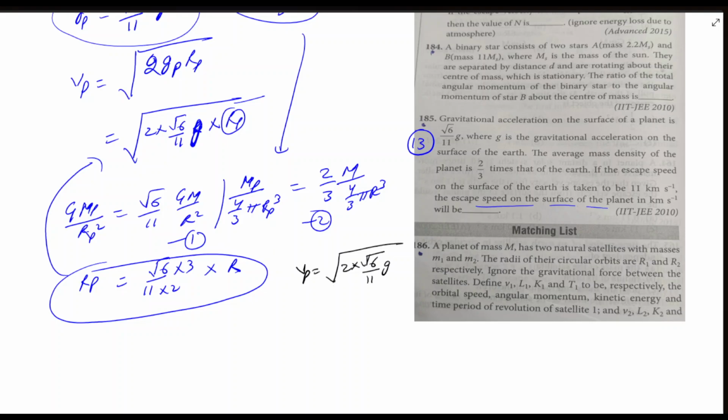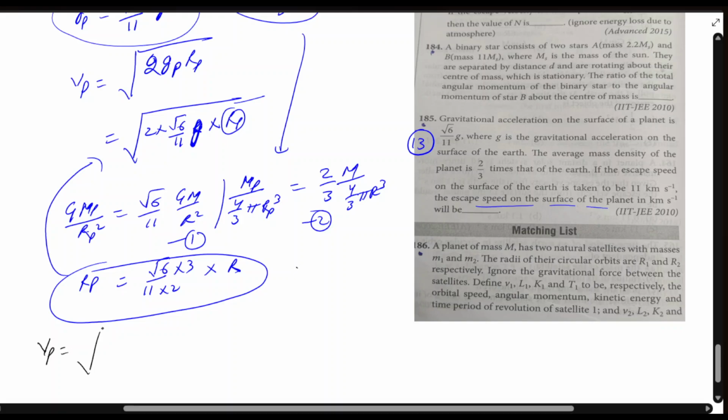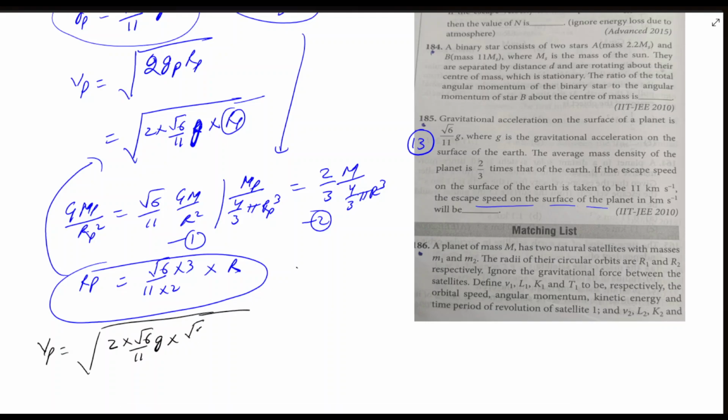Okay, so let me write it in the next line. So Vp will be root 2 into root 6 by 11 G into Rp, which is root 6 into 3 by 11 into 2 R. So what we have here is root 2 GR.